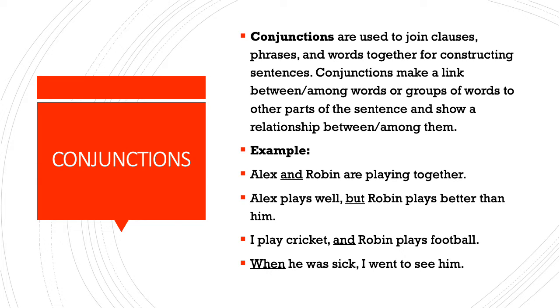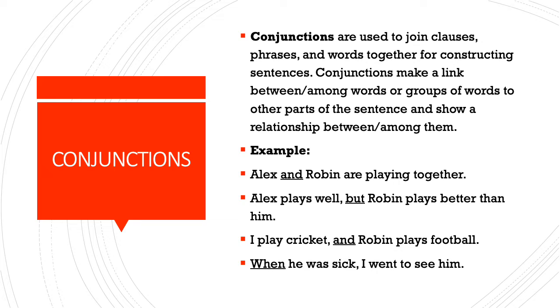Alex plays well, but Robin plays better than him. Again, we are using the conjunction but to join these two sentences. Which are the two sentences? Alex plays well, Robin plays better than him. I play cricket, Robin plays football. Again, we are using the conjunction and to join these two particular groups of words or these two particular clauses.